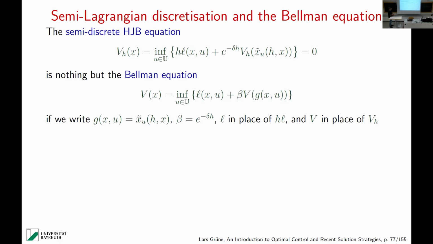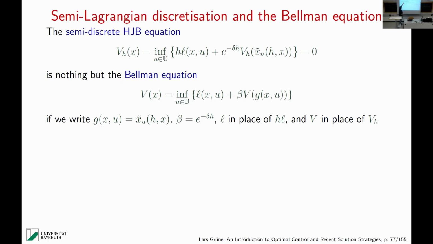And there is something in between that I have already mentioned, but now I would like to make it explicit. This semi-discrete Hamilton-Jacobi-Bellman equation that we get after one step of discretization is actually nothing but the Bellman equation.